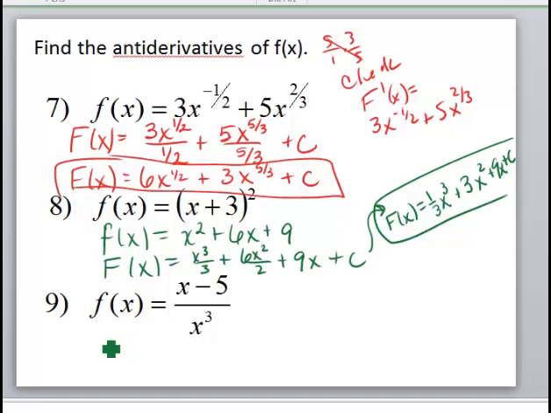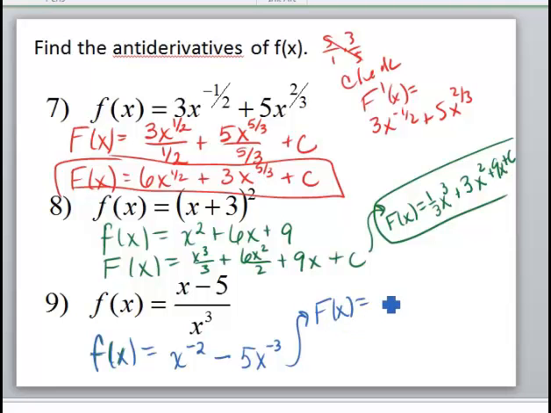The next one, again, we don't know any special rules, so we want to go ahead and simplify this first. So x divided by x cubed is x to the negative second, minus 5 divided by x cubed would be 5x to the negative third. So when I take the antiderivative of this, I get x to the negative first over negative 1.